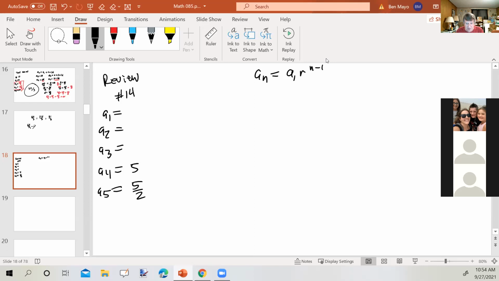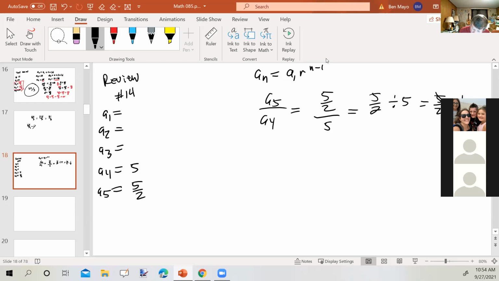In a geometric sequence, you take a term divided by the previous term to get the common ratio. So this is 5 halves divided by 5, which is 5 halves times the reciprocal 1 over 5, and that reduces down to 1 half. So the common ratio is 1 half.